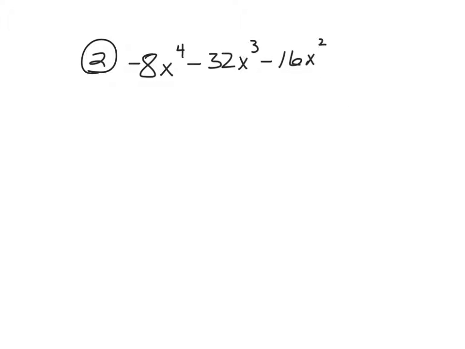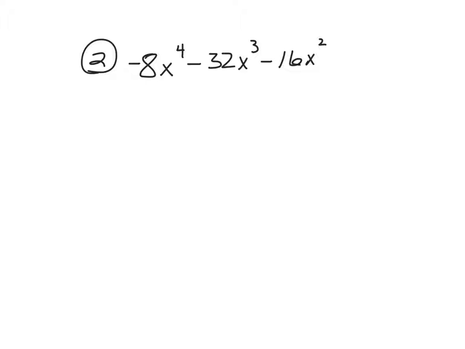This example's not in your notes. You're going to want to jot this one down. There's a reason I put this one in there. Something you might notice that is a little different about this one, and you'll see examples like this, is that every single term is negative. If every single term is negative, that's something they have in common, so I have to take it out. What's the biggest number that goes into 8, 32, and 16?